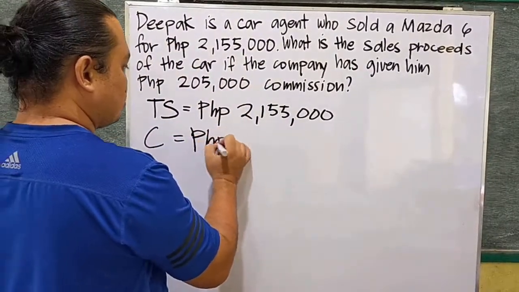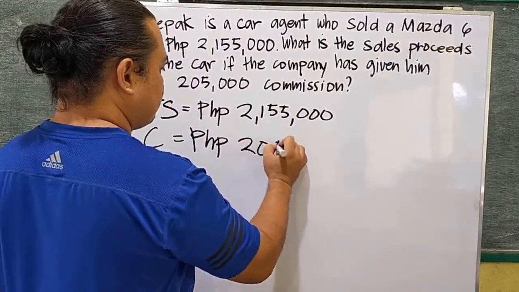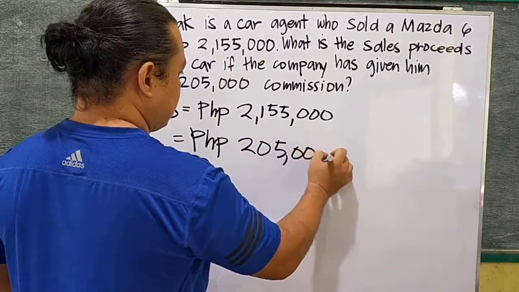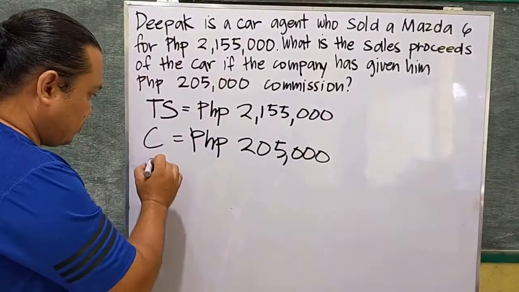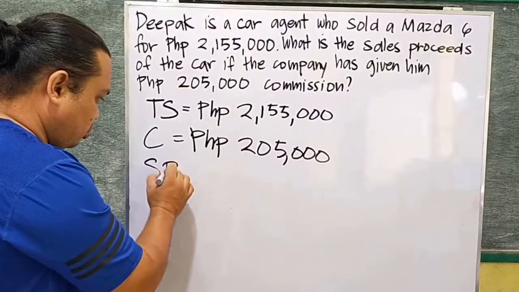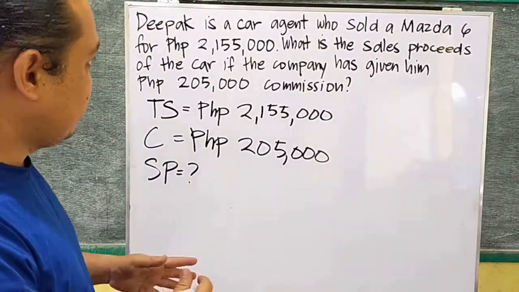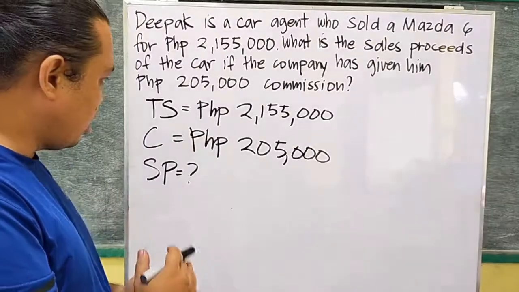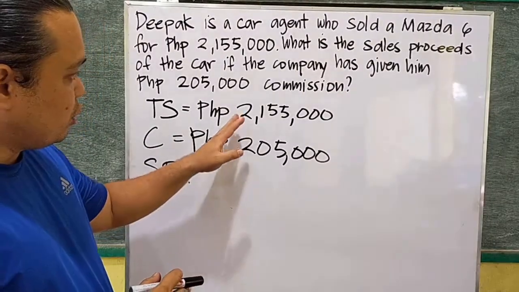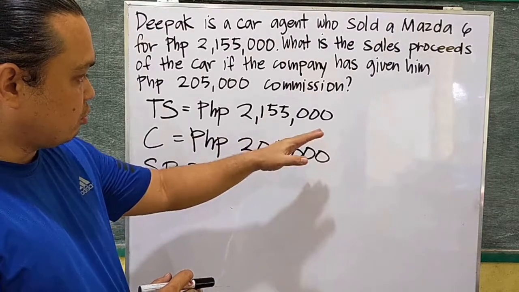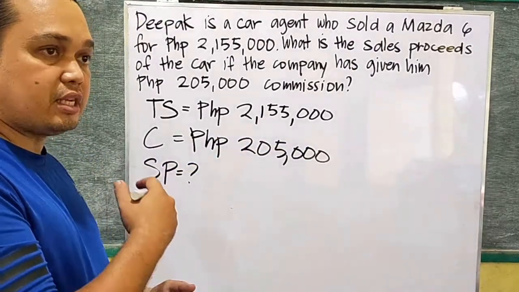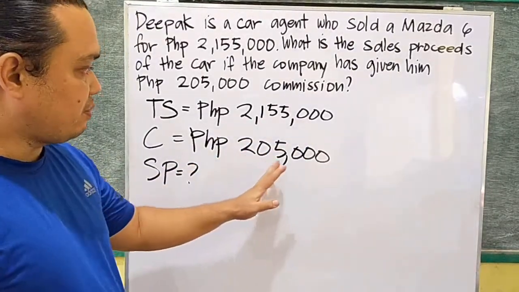We're looking for the sales proceeds. So what is the sales proceeds if Deepak has sold a car worth 2,155,000 and the company has given him 205,000?